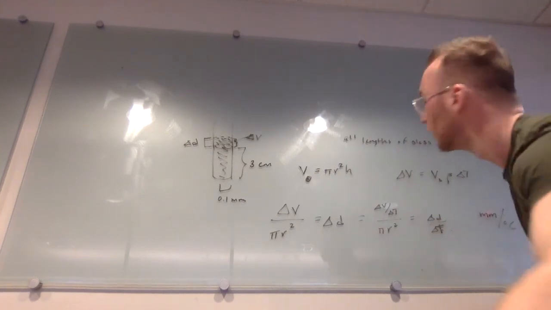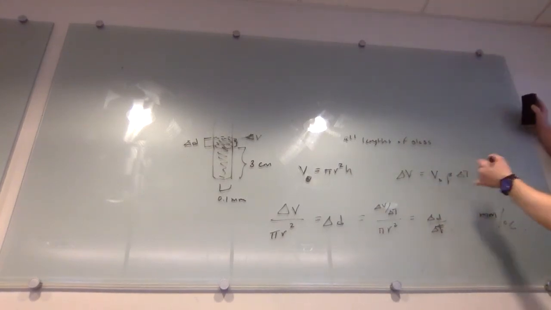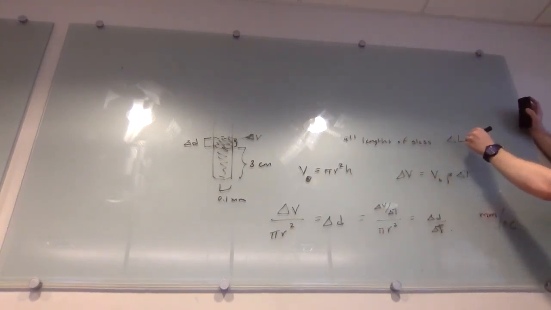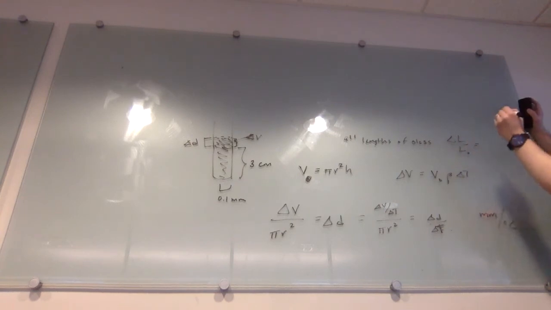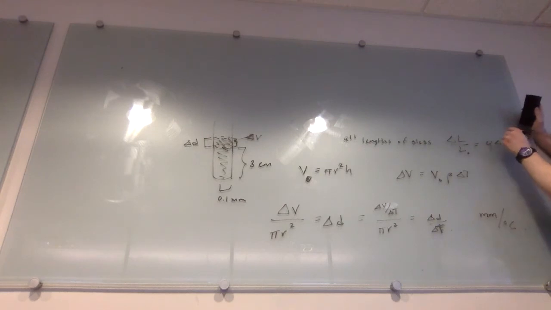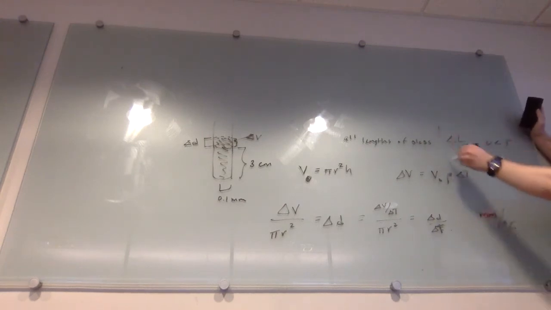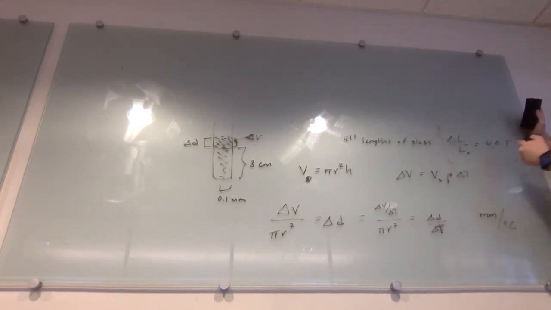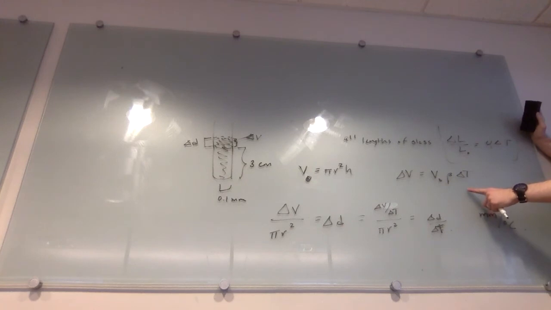All lengths of glass are going to have a property that looks like this: delta L over L naught is alpha delta T. It's sort of like a Young's modulus thing. But they're just saying that this is the same as this, I just wrote it in a better way.